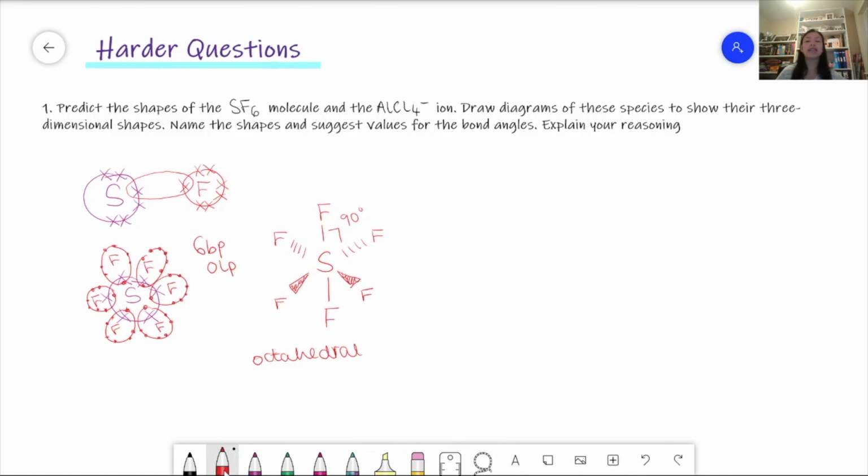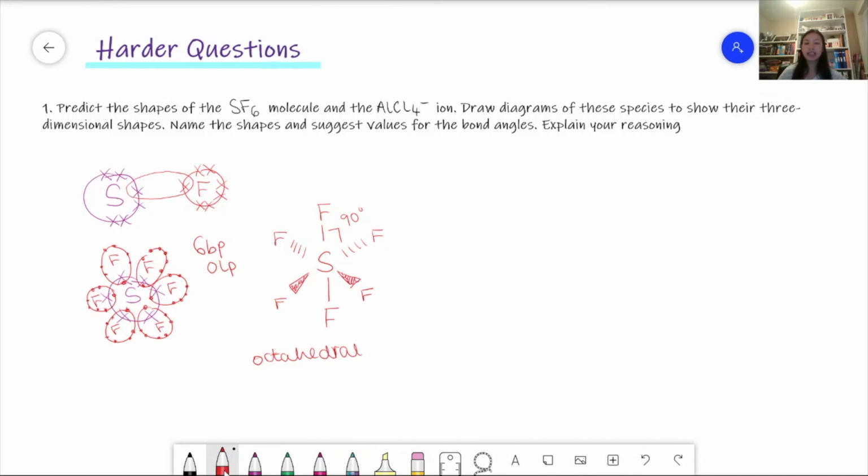So basically these 4 are in a plane, and these 2 are 90 degrees to that plane, and all of these are 90 degrees from each other. So it's kind of like a square, and then so it's basically 2 square pyramids on top of each other.